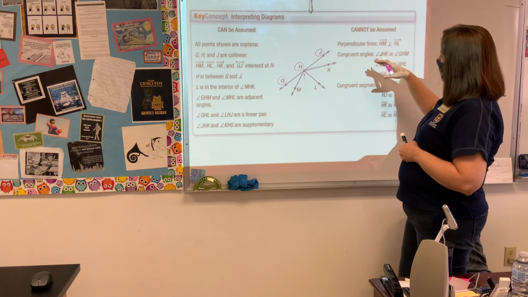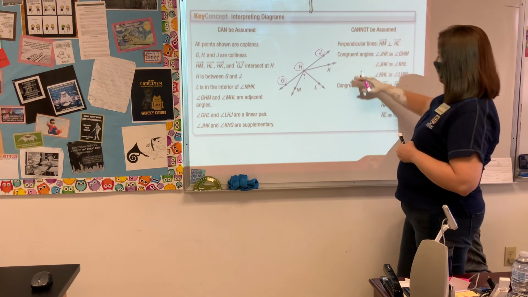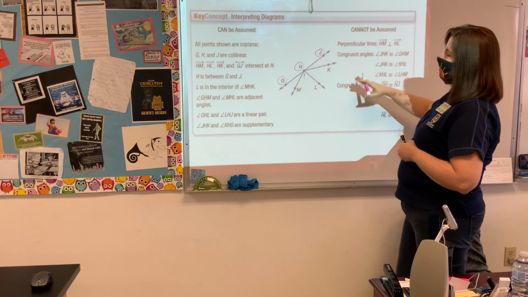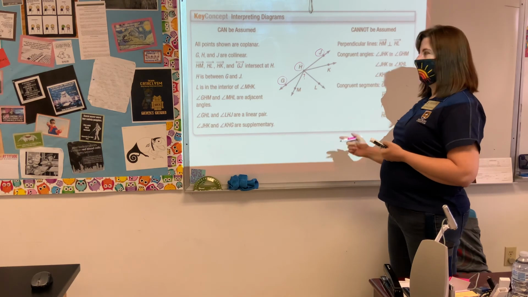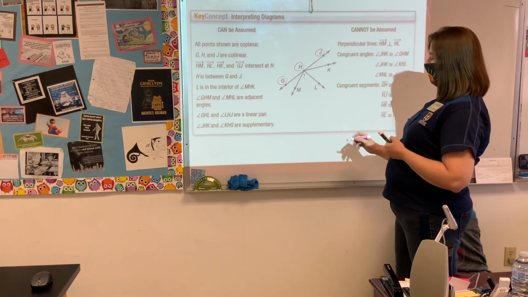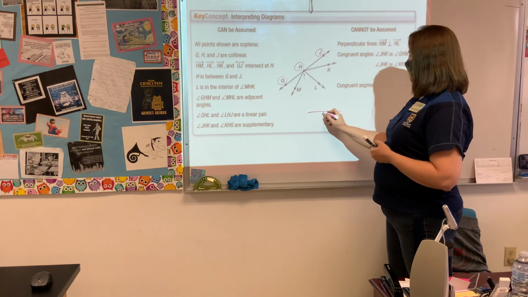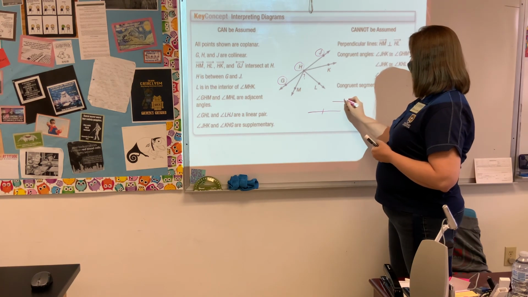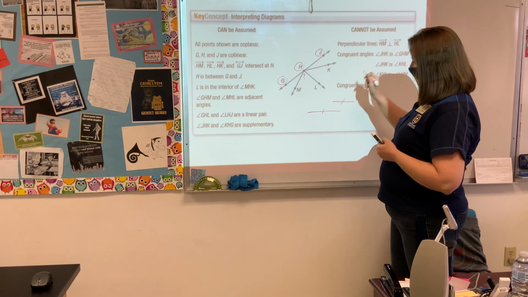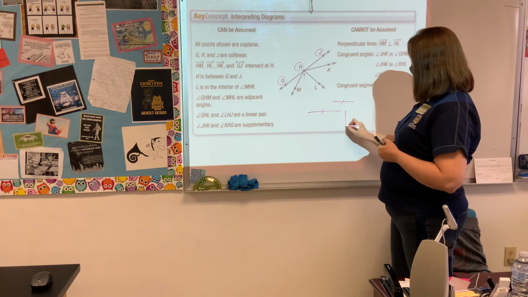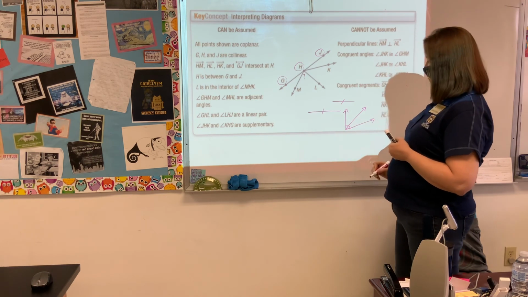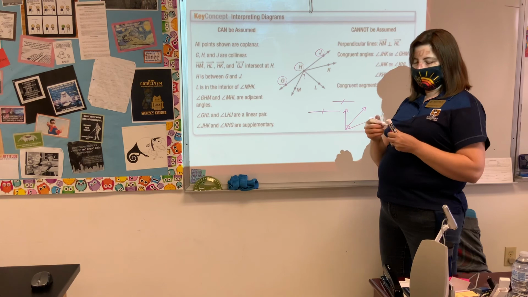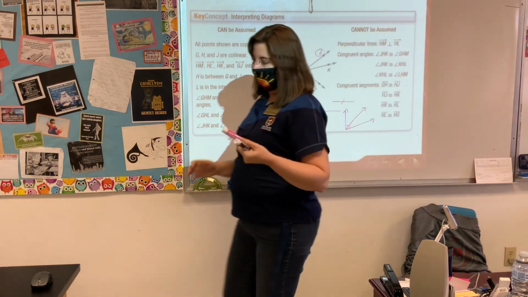So unless you are specifically told that angles are congruent, that segments are congruent, or something is perpendicular, either by the wording of the question or by the symbols that are shown, remember that for a line to be congruent with another line, they need to have the same slashes across. When it's angles, for it to be congruent, you're going to see this little measure sign. And how many there are tells you whether it's congruent with another section or not.